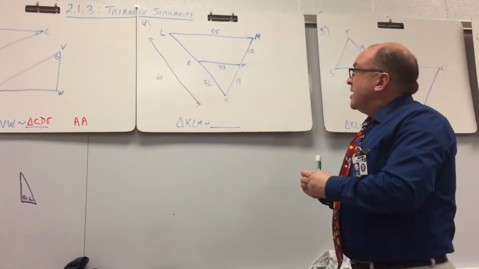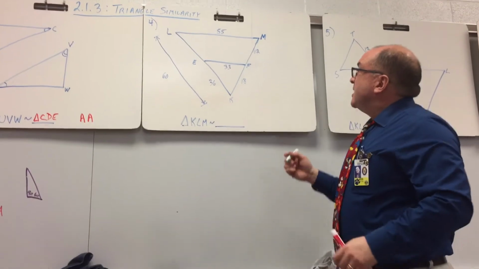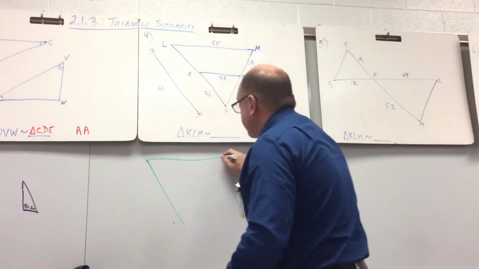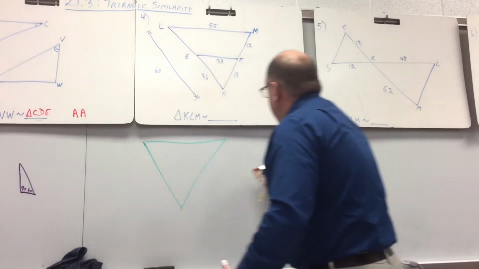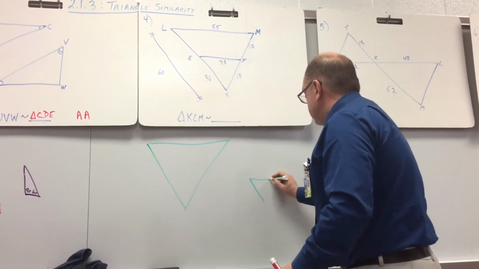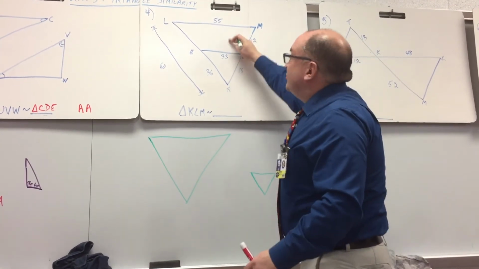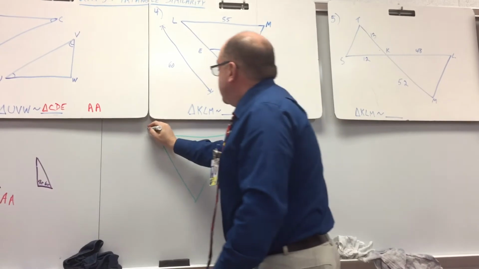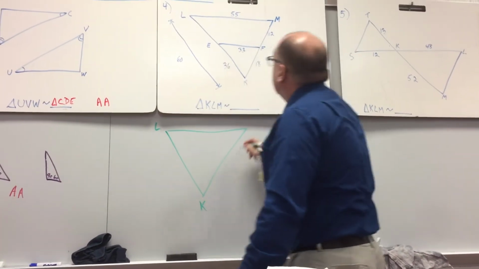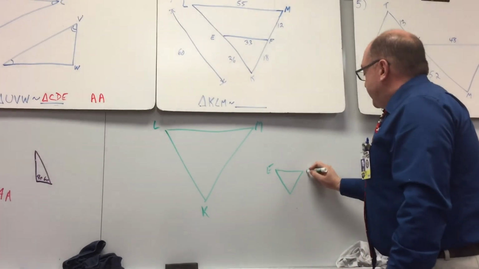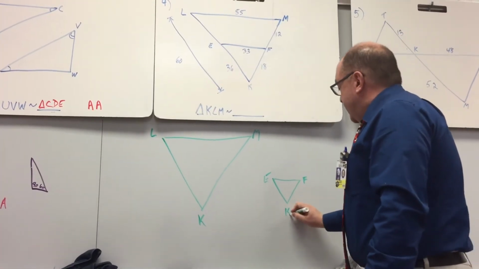Over here, all right, I'm going to do this. I've got the bigger triangle, and I've got the smaller triangle. You see how I have two triangles here in this picture, right? I have L here, I have K here, I have M here. I have E here, I have F here, I have K here.